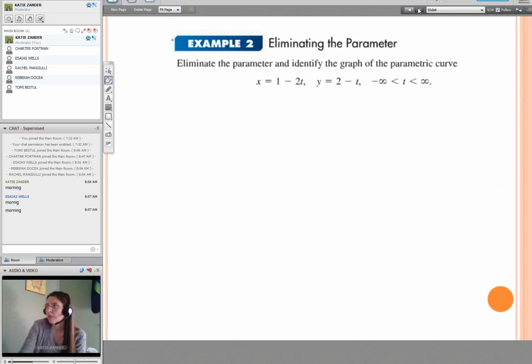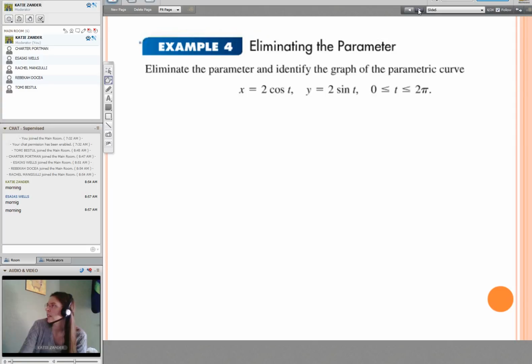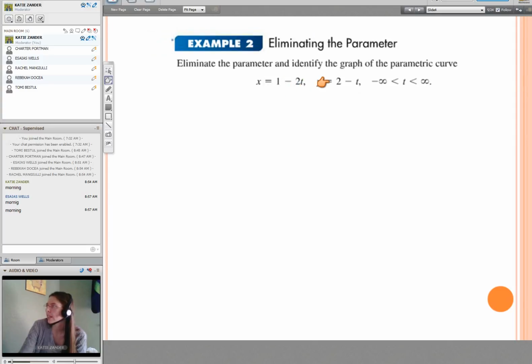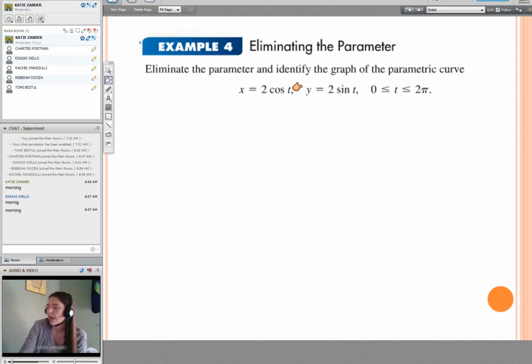The other thing we talked about was eliminating the parameter. So basically, that's solving for t in one of your equations and then substituting it into the other. And we looked at that with both linear or algebraic functions and then trigonometric functions as well.